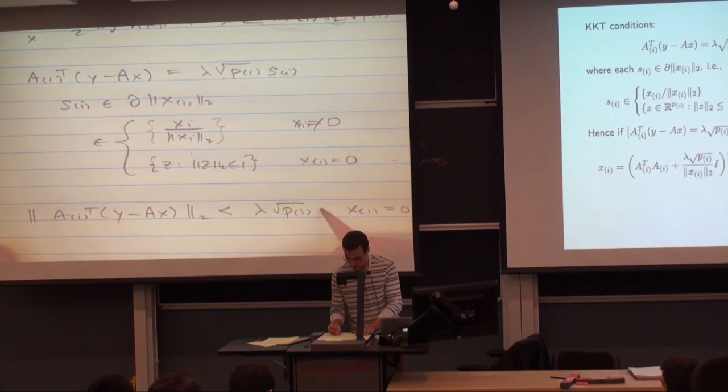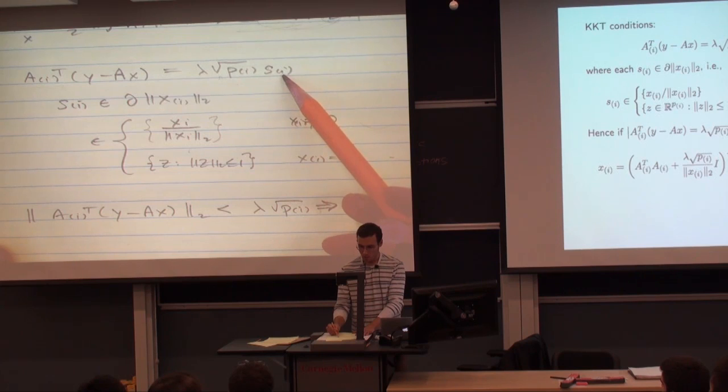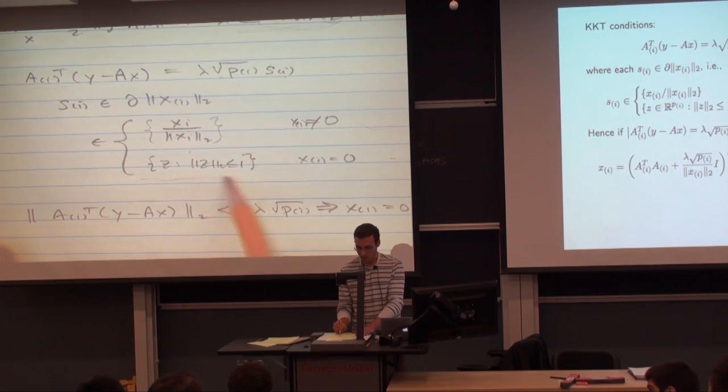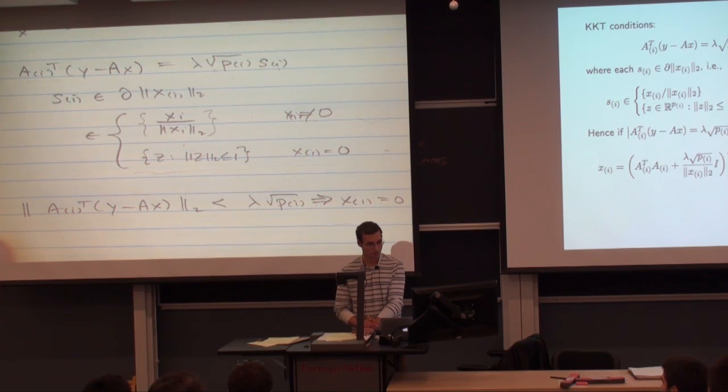Right, because in that case, it tells me from the KKT conditions that the subgradient had a 2 norm strictly smaller than 1, and that can only occur in this case. So if this is true, then all the variables in that block are 0.